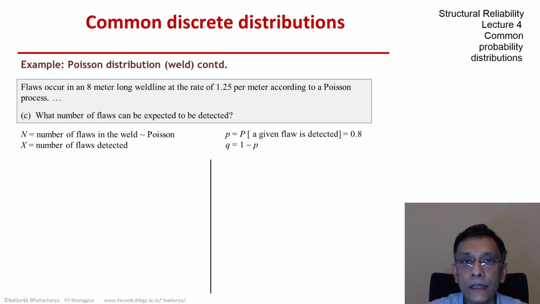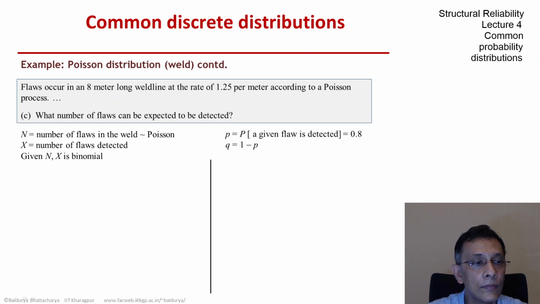We know that N is Poisson. We know that X is the number of flaws detected. We have defined the parameter little p, whose value is 0.8. Now we need to find what the distribution of X is.